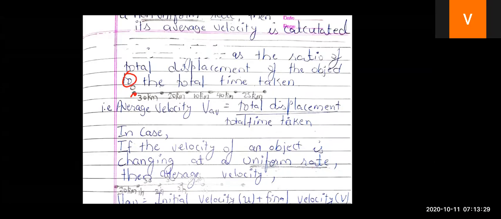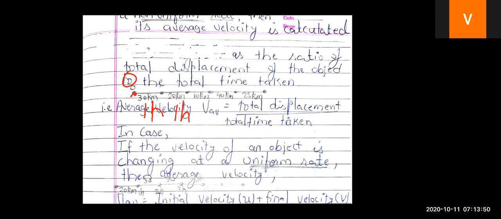From here you started on your Activa, or in your car, and in the first hour you have covered a distance of 30 kilometers. Then in the next 1 hour you are covering a distance of 20 kilometers.